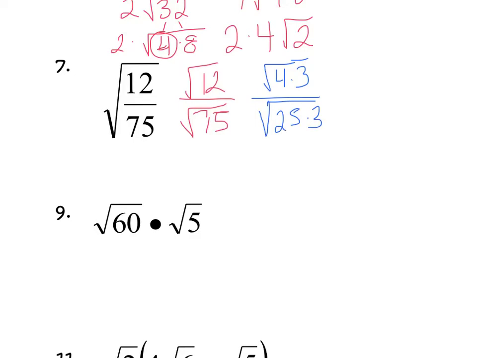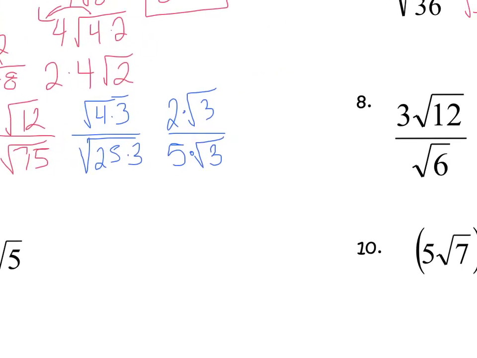So I'm going to have 2 square roots of 3 over 5 square roots of 3. Now, in this case, you have to check for this, otherwise you are oversimplifying. There's multiplication in between each piece. So, cancel, cancel. In the end, I will get 2/5.